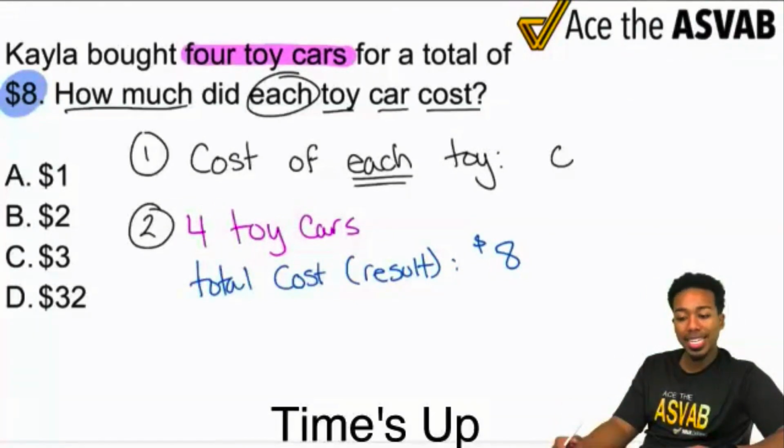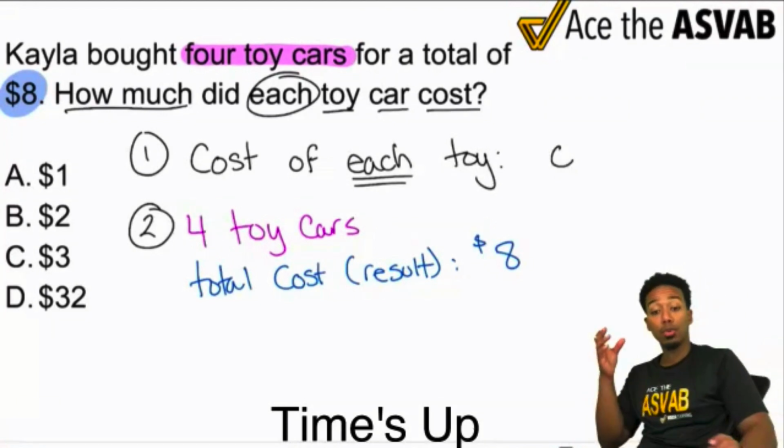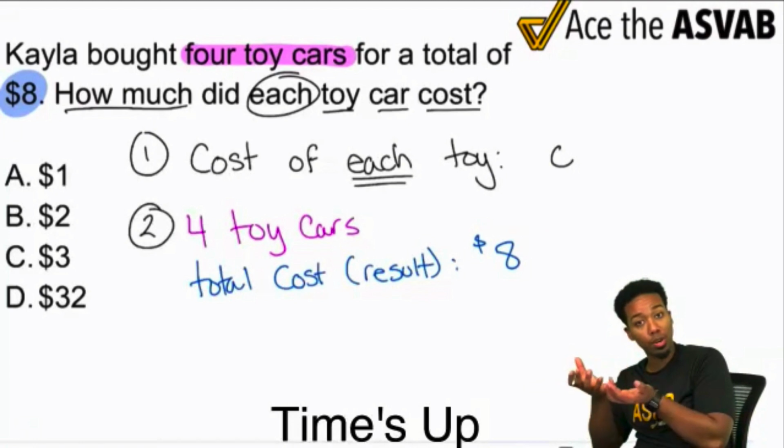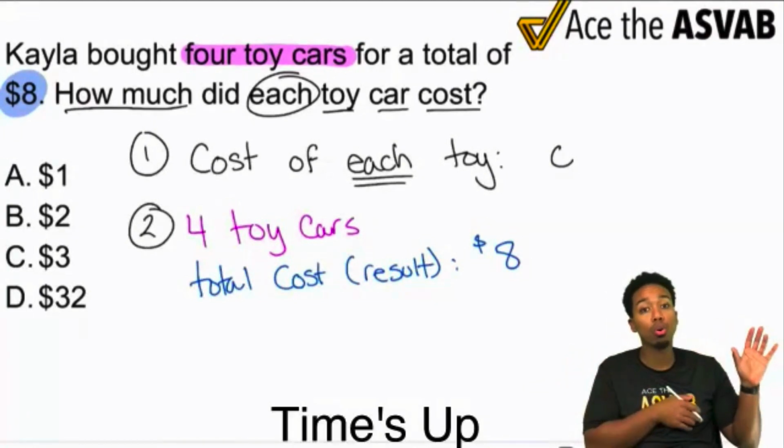Yeah, so the word each would tell you that you're multiplying in this case. The word each tells you that you're multiplying. So if you have the cost of each toy, you multiply that with the number of toys to get the total cost.